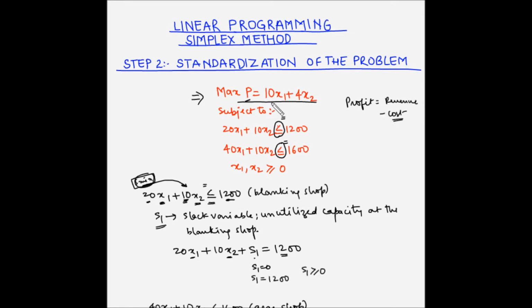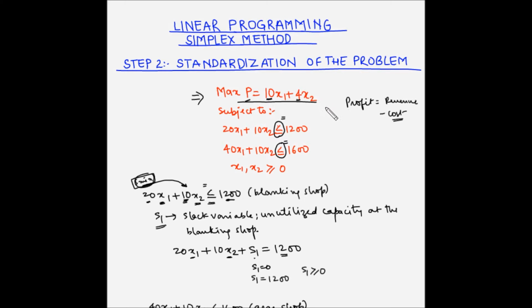Now we have already added the profit gained by selling gears of type A and type B. We had been given that each gear of type A gives a profit of 10 rupees and each gear of type B gives a profit of 4 rupees. So this is equal to the revenue minus the cost. That means the selling price of each gear of type A minus the cost of manufacturing each gear of type A is 10 rupees.